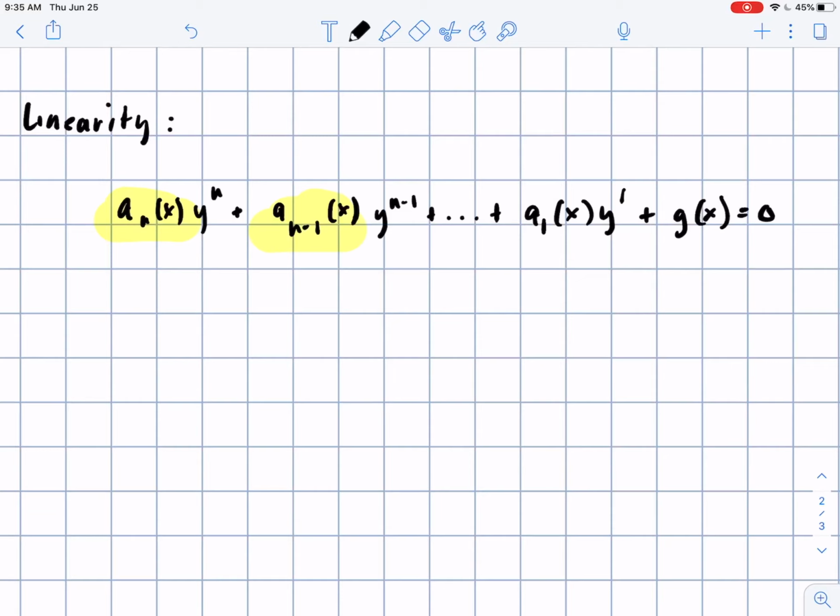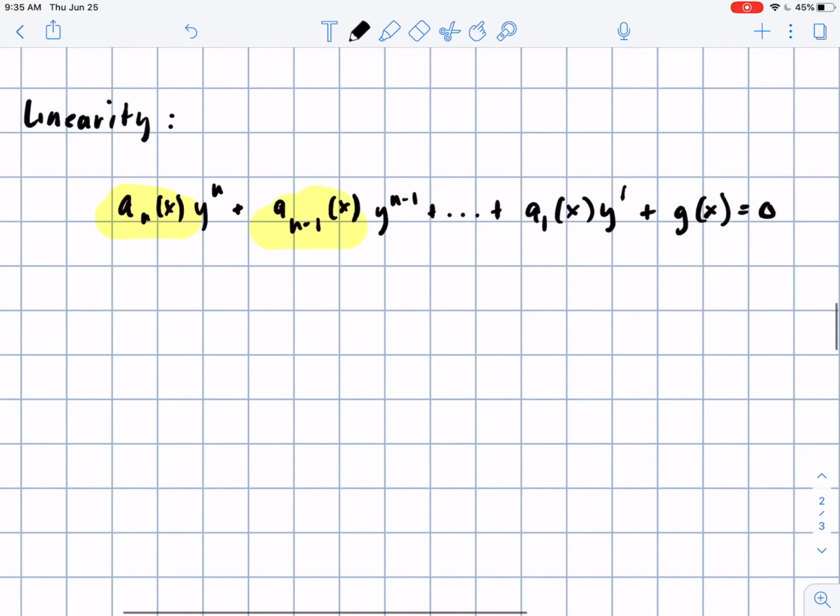So for example, an example could be we could have like 5x second derivative plus 2x first derivative plus y equals, say, e to the x.